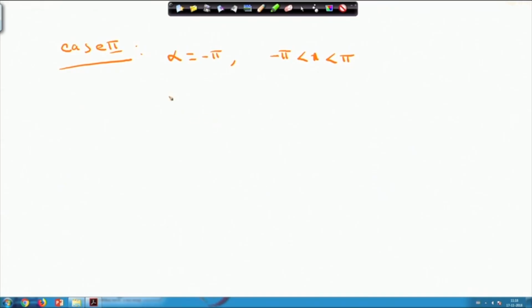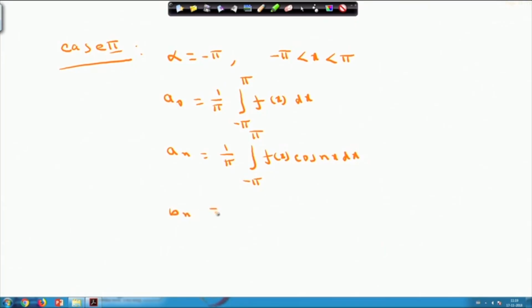So, in this case, a_0 you can write down as (1/π) ∫ from minus π to π of f(x) dx, a_n equals (1/π) ∫ from minus π to π of f(x) cos(nx) dx, and your b_n will become (1/π) ∫ from minus π to π of f(x) sin(nx) dx.